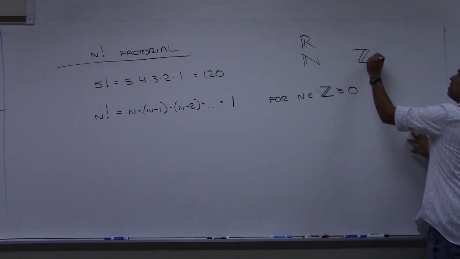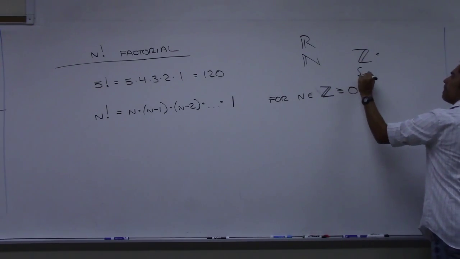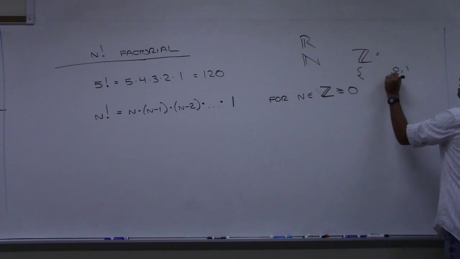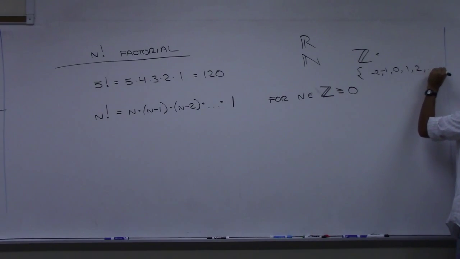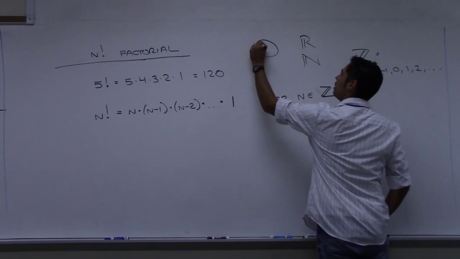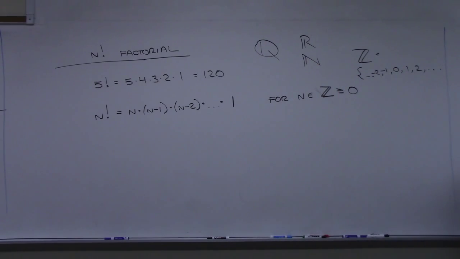Right? So this is 0, 1, negative 1, 2, negative 2, both directions forever. No fractions. If you want the fractions, double struck Q. Now that's even more, but it's not everything.